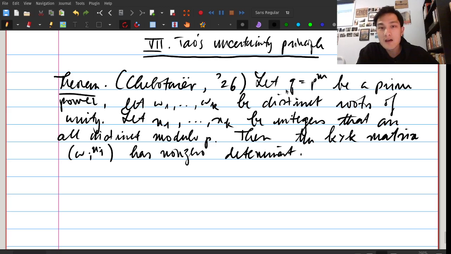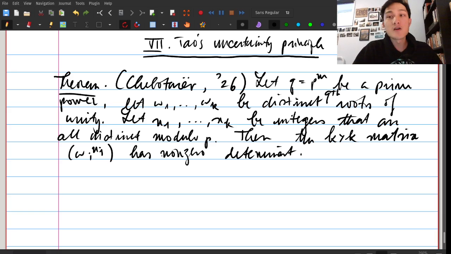It says that if q is a power of the prime p, and omega 1 through omega k are distinct qth roots of unity, and if n1 through nk are integers that are all distinct pairwise modulo p, then the k by k matrix formed by putting omega i to the nj at the ith row and jth column has non-zero determinant.